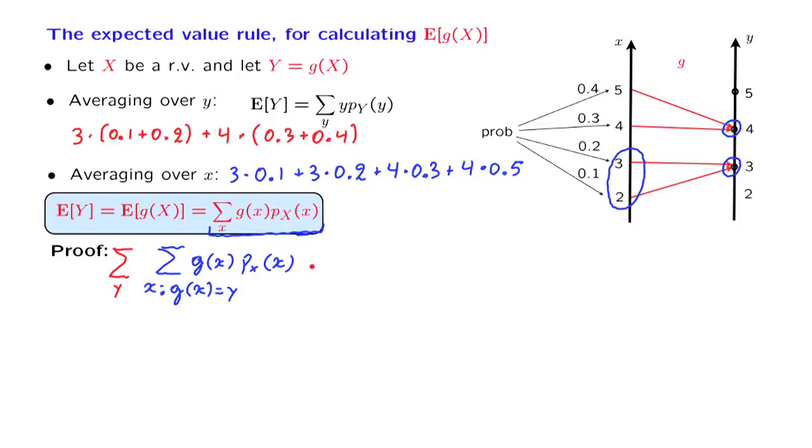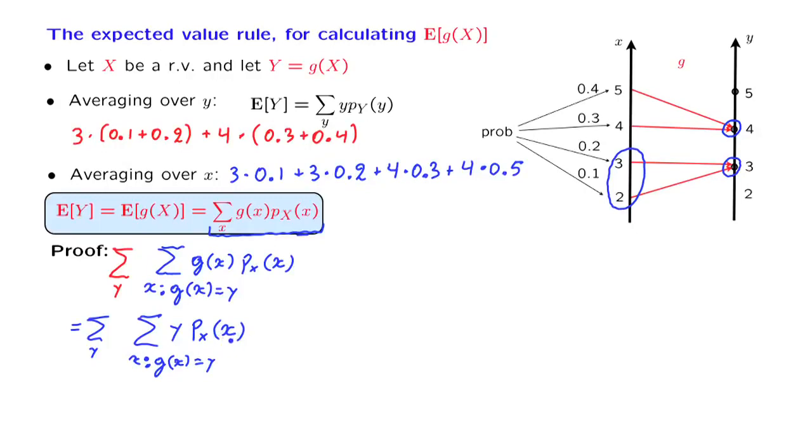Now, at this point, we make the following observation. Here we have a summation over y's, and let's look at the inner summation. The inner summation involves x's, all of which are associated with a specific value of y. Having fixed y, all the terms inside this sum have the property that g of x is equal to y. So g of x is equal to that particular y, and we can make this substitution here.